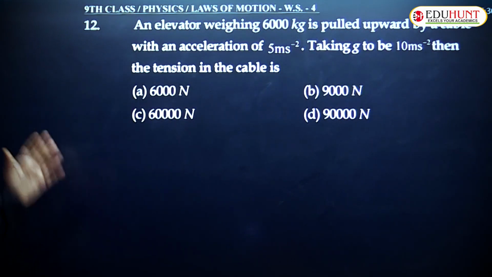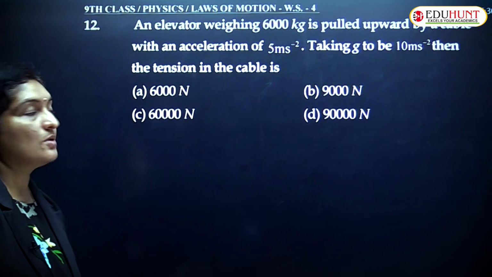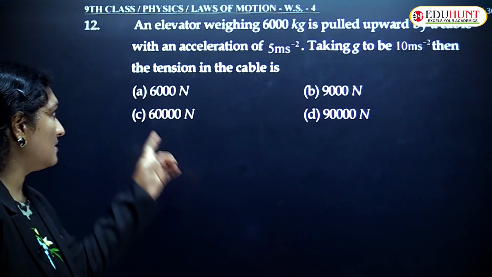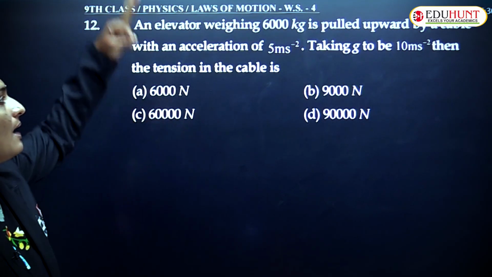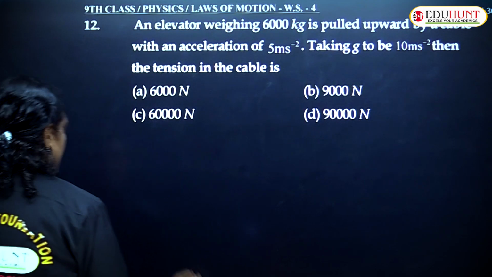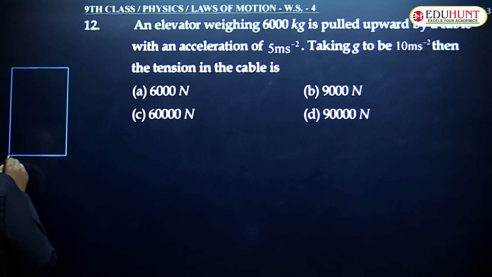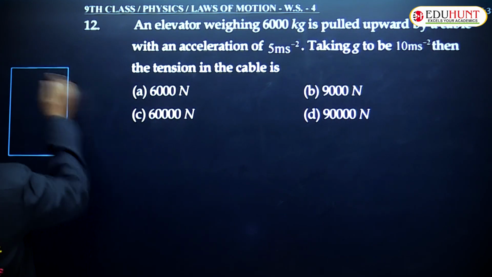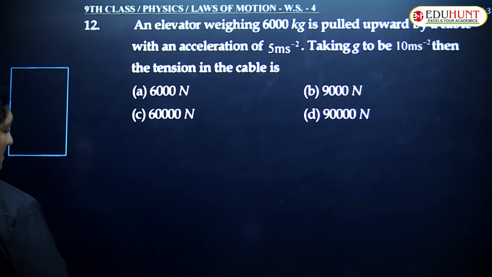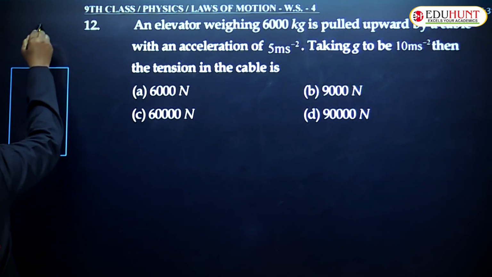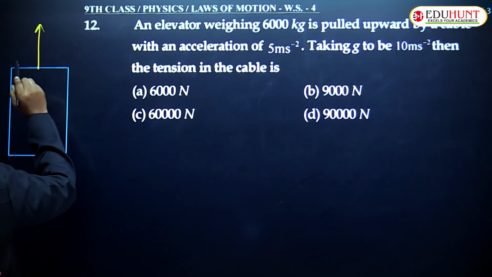12th one. An elevator weighing 6000 kg. The mass of the elevator is given as 6000 kg, pulled upwards by a cable. So let us imagine this. An elevator means a lift, whose weight is 6000 kg, and it is now pulled up with a cable.